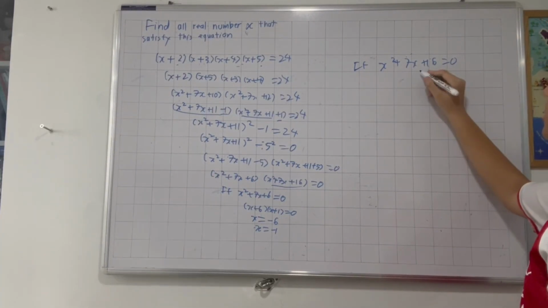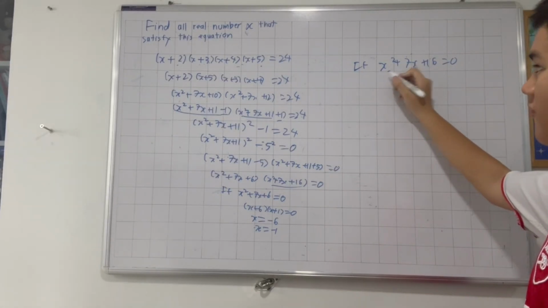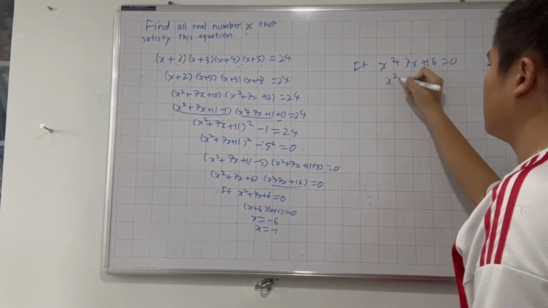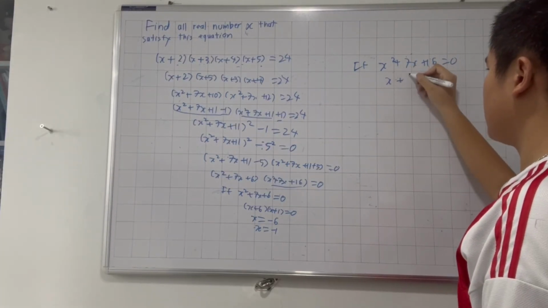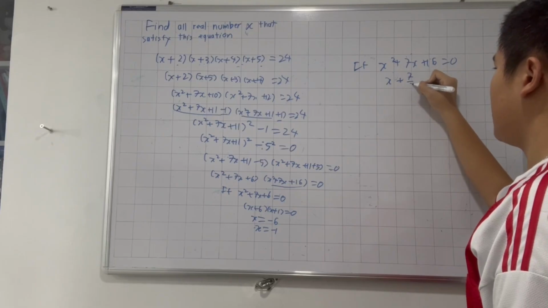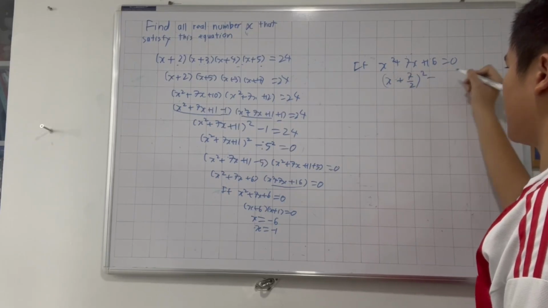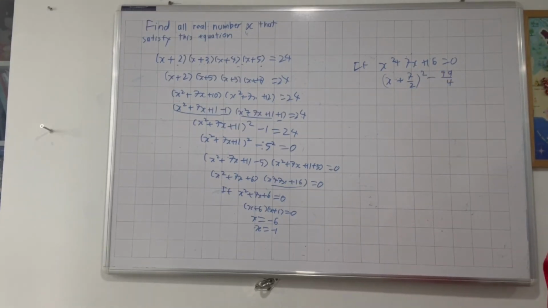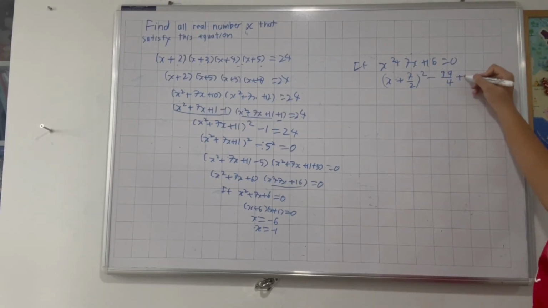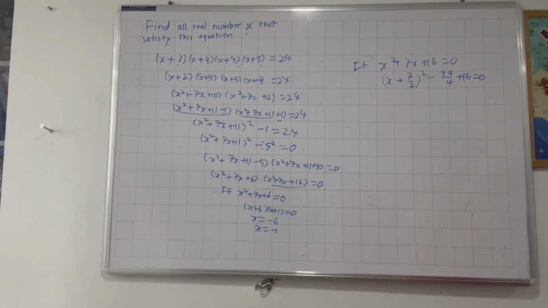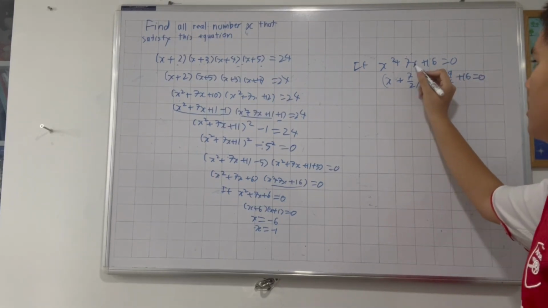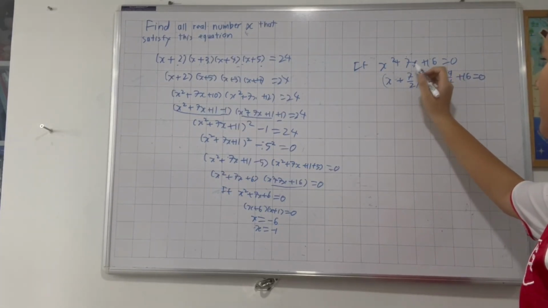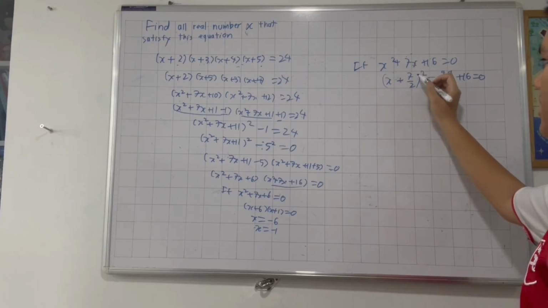I'll show you why. The fastest way to check for solution is we just complete the square. So we get this is equal to (x plus 7 divided by 2) squared, minus 49 over 4, and then we plus 16. This technique is called completing the square, where you take the x term and complete the square.